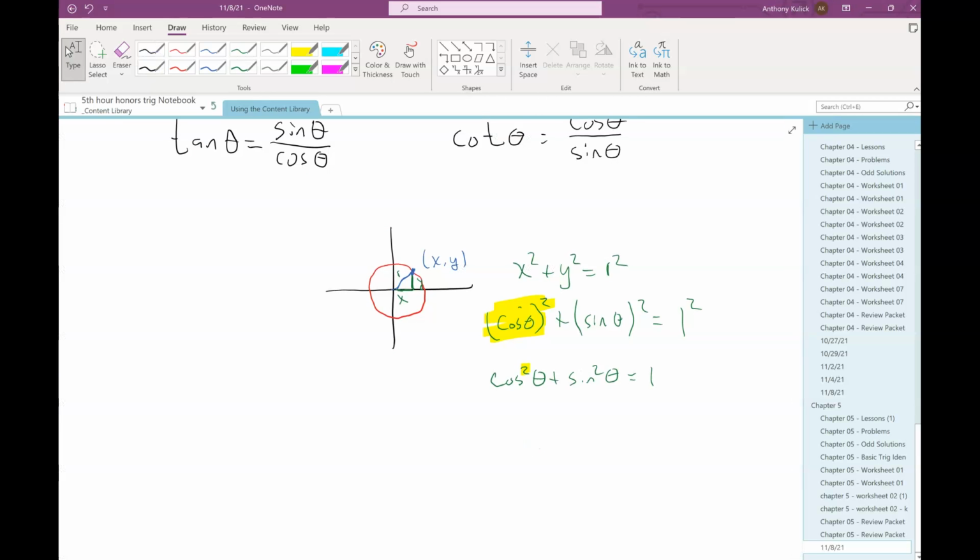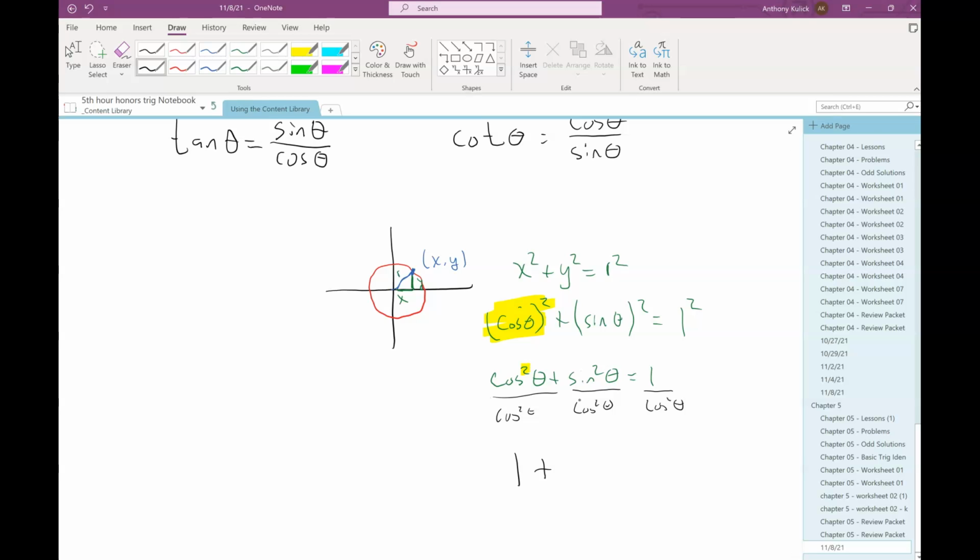If I take that, then I can manipulate this. So if I divide both sides of this equation by cosine squared, cosine squared divided by cosine squared is 1. Sine squared over cosine squared, well, sine over cosine is tangent, right?